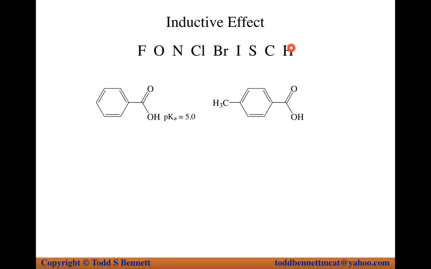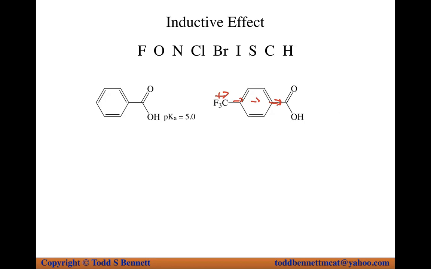H is slightly less electronegative than C, so H's can donate just a little bit of electron density to that carbon, which in turn can donate it across the structure, but by the time it gets all the way to this carboxylic acid, it's not going to be that strong. It's so far away, it's going to dissipate. So this will, in fact, go up a little bit because it's now less acidic because it's electron rich. But less acidic means the pKa is going to be just a hair above. So it only went up by about 0.6. Not terribly noticeable.